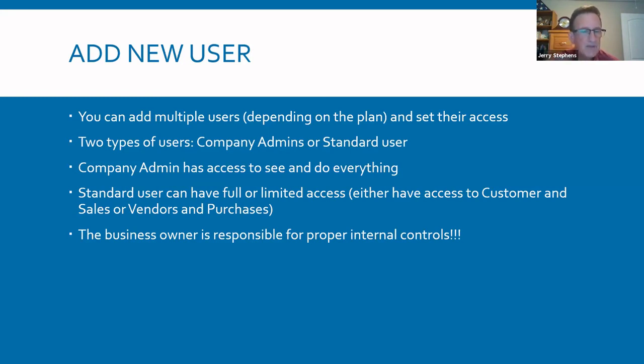The company administrator has access to see and do anything within QuickBooks, whereas the standard user would have full or limited access, and that's really either access on the customer and sales side or the vendor and purchases side. So you designate which of those they would have access to.